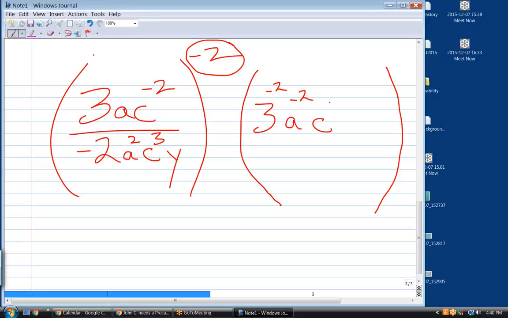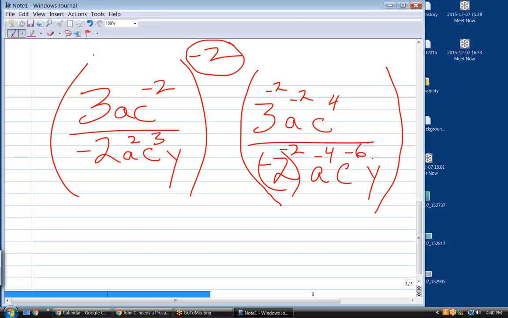C to the -4. In other words, all we're doing is multiplying exponents. Okay, and I'm going to do it at the bottom also. -2 to the -2. And then A to the -4, because I'm multiplying -2 times 2. C to the -6. And what's the Y? Y to the -2. Okay.